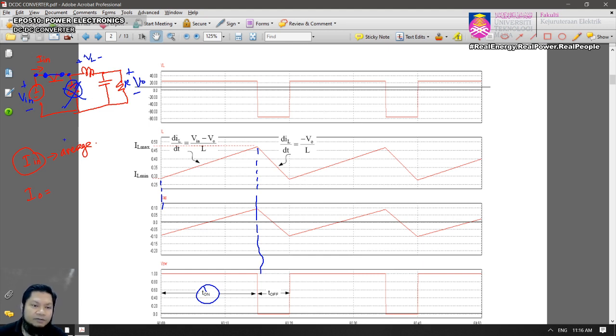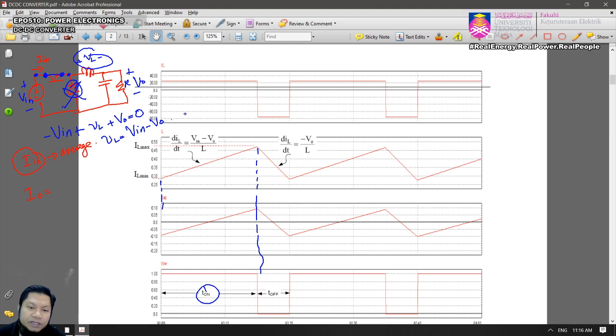So when the switch is on, if I write the equation, I'm going to have minus V in plus vL plus V out equals to 0. So VL equals to V in minus V out, isn't it?